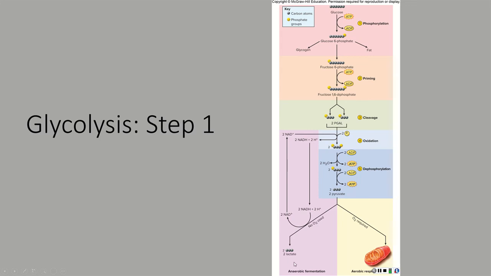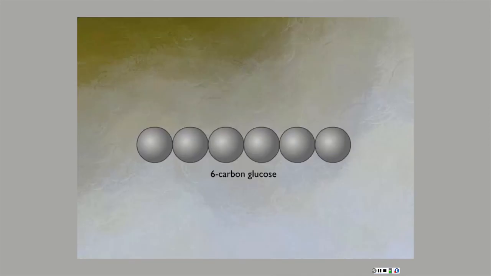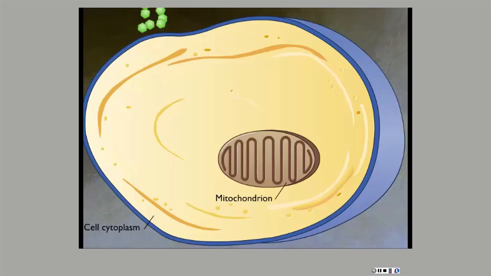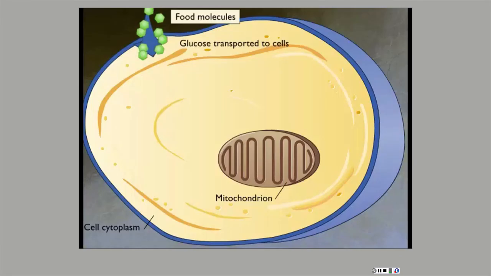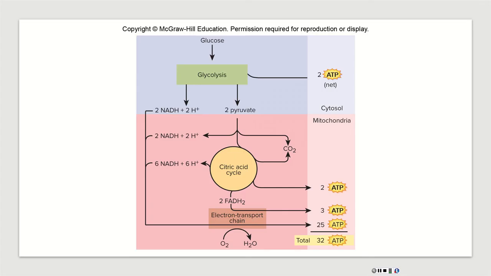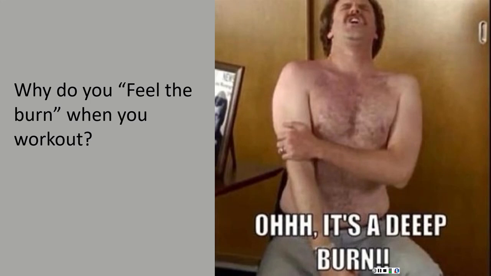And lactic acid starts to build up in your cells, especially in muscle cells. And like any acid, it's going to lower your pH. Lowering your pH is going to result in a burning sensation. And that's where that "feel the burn" comes from, because of a buildup of lactic acid. And the reason that the lactic acid is building up is because of inadequate oxygen.